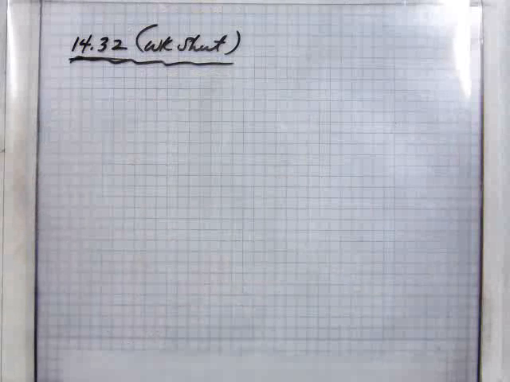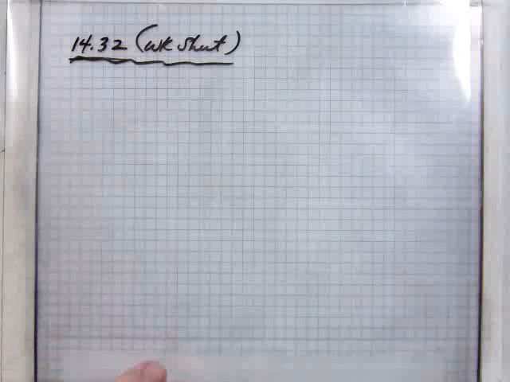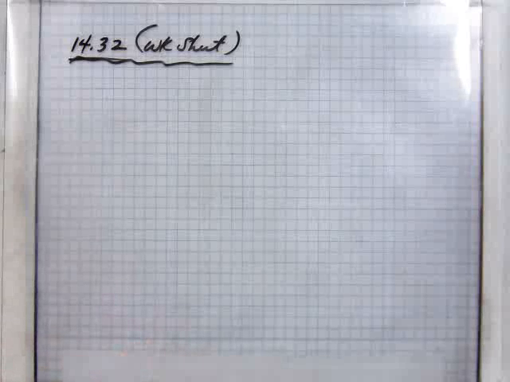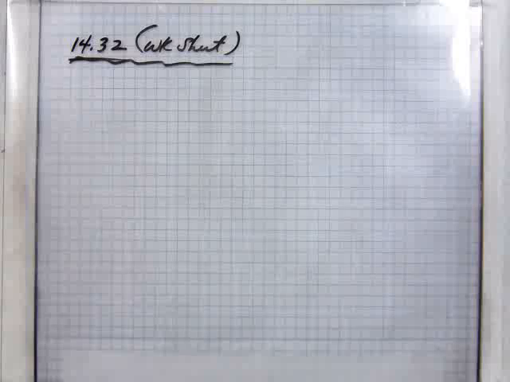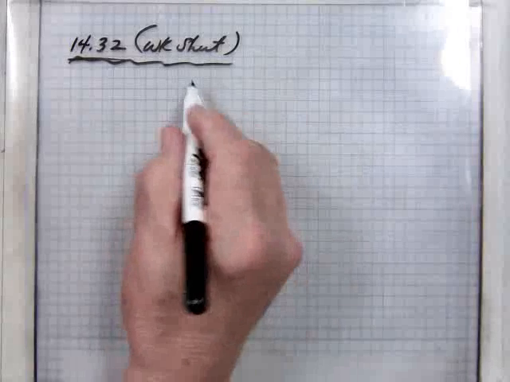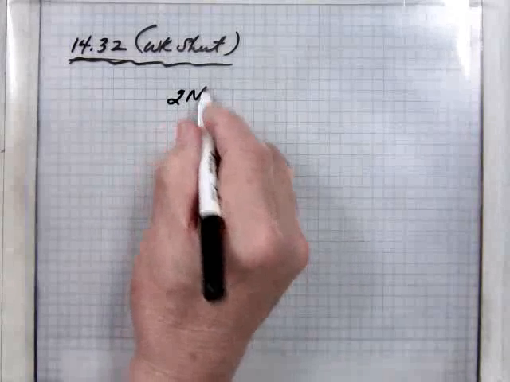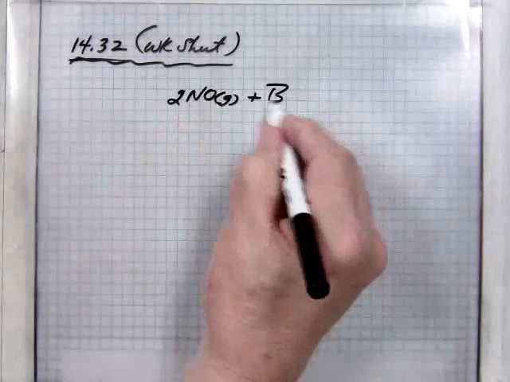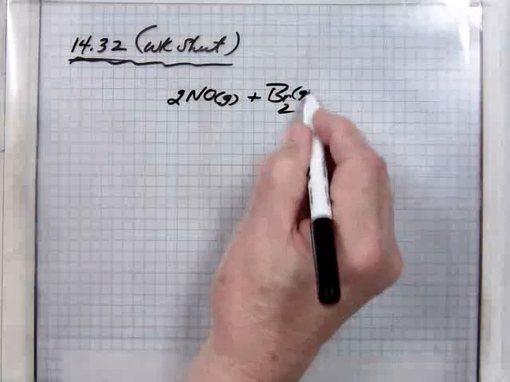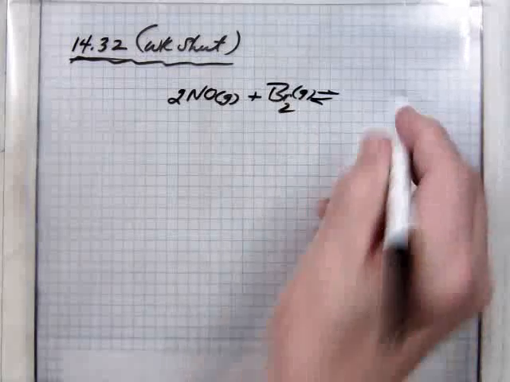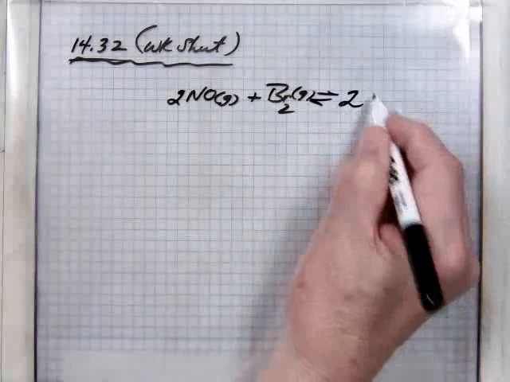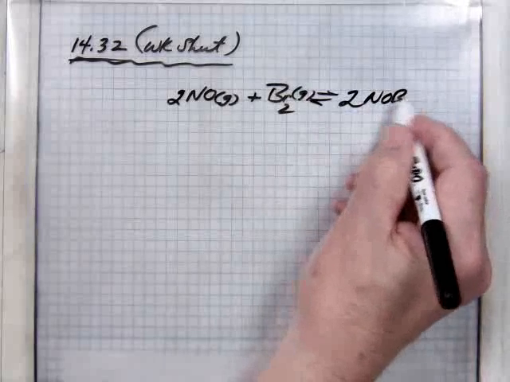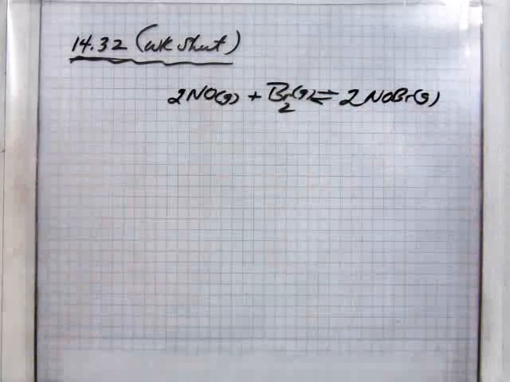Okay, nitrogen monoxide, NO, reacts with bromine to give nitrosyl bromide according to this reaction. All right, we'll start with the reaction. So I'll take 2NO gas plus bromine, Br2 gas, goes to nitrosyl bromide, NOBr as a gas.